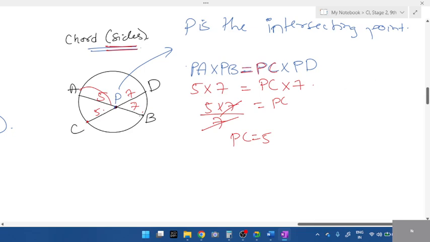For angles you can use it. Is an angle given here? Side is given. That's the reason I mentioned this. If an angle is given, use the vertically opposite angle concept. So P is the intersecting point, P is not the center. I'll explain what if P is the center, what would happen.